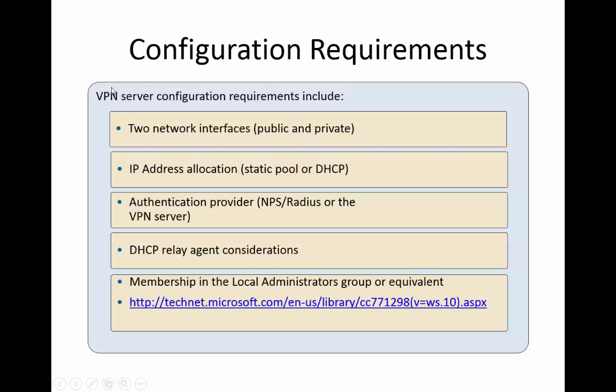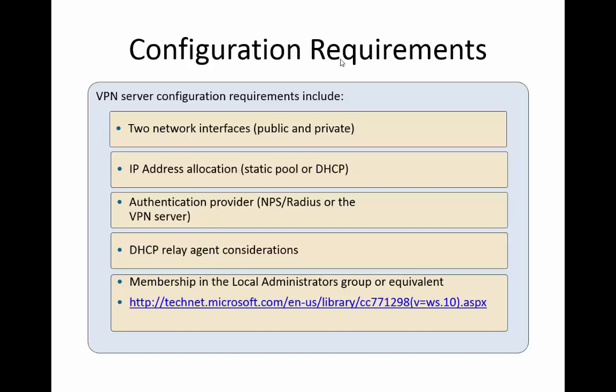Okay. So, configuration requirements. We need two network cards. On our domain controller, we need two network cards, and one network card is for the domain controller to do its local network activities like authentication, authorization, auditing, as well as DNS. Now the second network card on our domain controller. First of all, VPN servers are not supposed to be installed on a domain controller, but it's a lab, right?